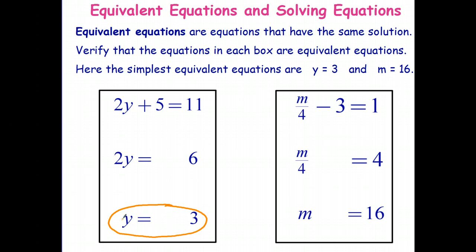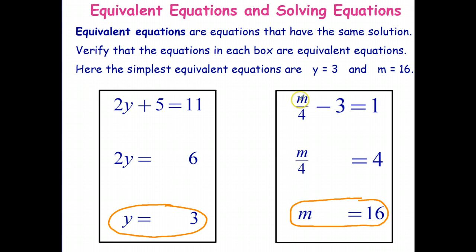Okay, let's have a look at these three equations. The simplest of the equivalent equations is m equals 16. Again, that's called the solution because 16 is the answer that makes that true. Looking at this equation, 16 divided by 4 equals 4. So that has the same solution as that, so they're equivalent.